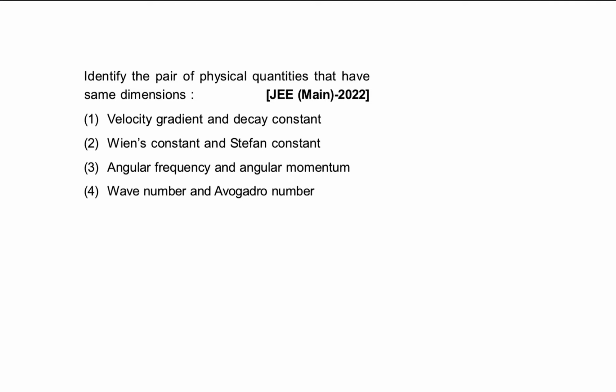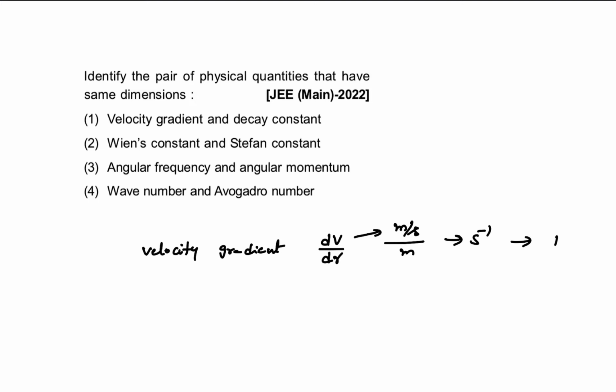Next one. Identify the pair of physical quantities that have the same dimensions. Again, they are asking questions on same dimensions. Now you see velocity gradient. This velocity gradient you can write as dv divided by dr. Unit is meter per second divided by meter, so finally you will get second minus 1.